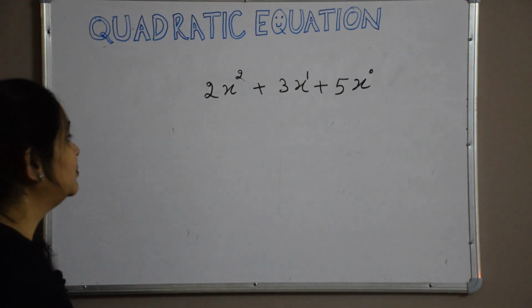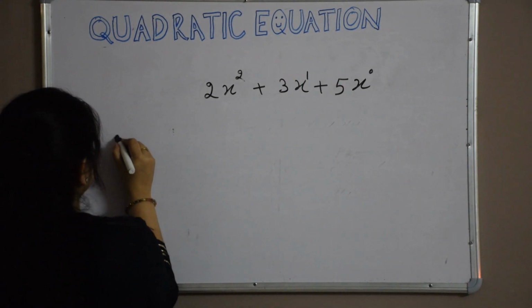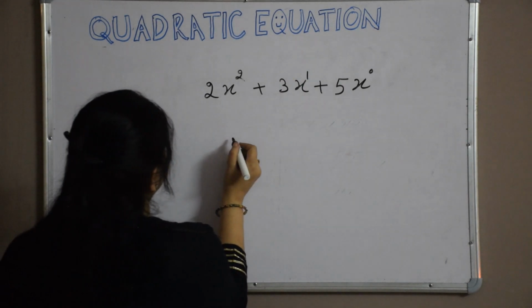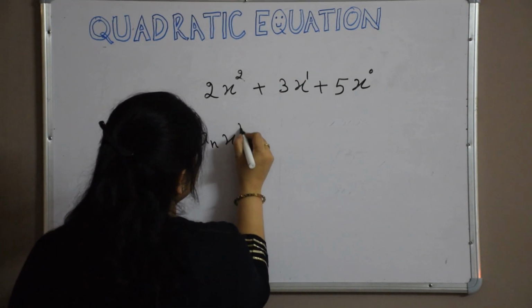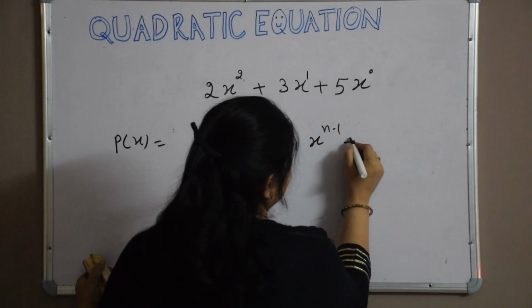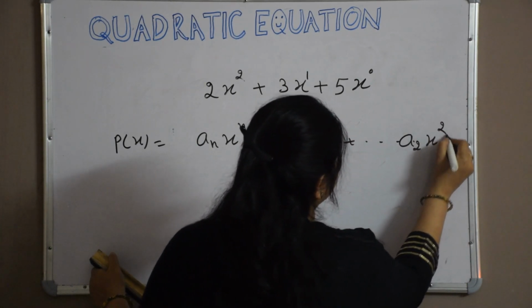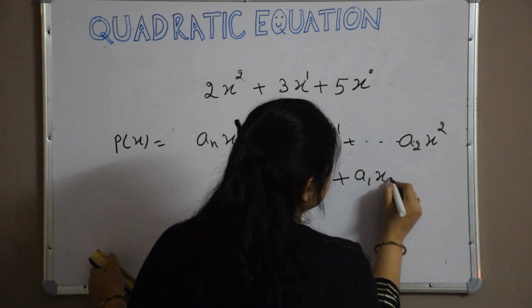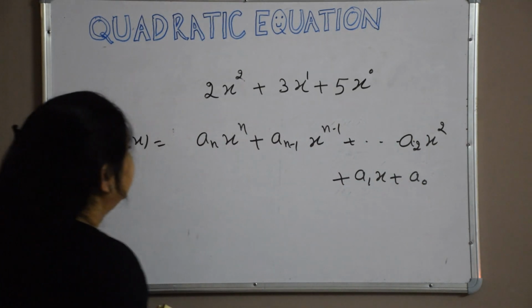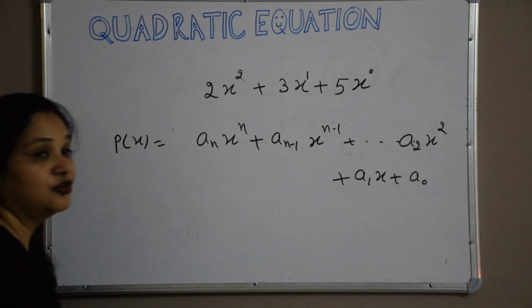So now we come to a generalized form. Suppose I have p(x) = a_n x^n + a_(n-1) x^(n-1) + ... + a_2 x^2 + a_1 x + a_0. Here a_(n-1), a_2, a_1 are called coefficients.